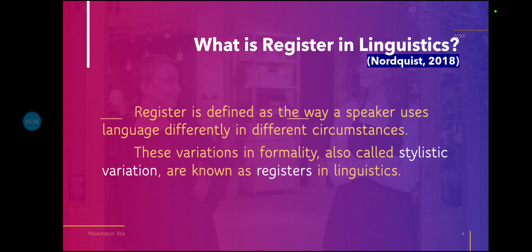So these variations in formality, also called stylistic variation, are known as registers in linguistics. So when we ask what language register we are going to use for this kind of project, the answers will be formal, informal, and some sort of things like that, but we're going to elaborate on that later on.